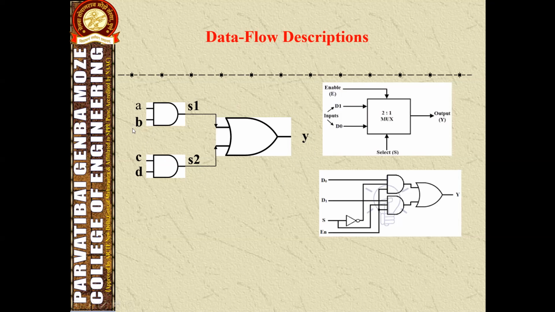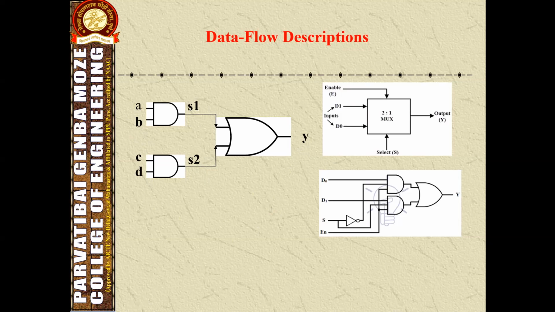See here, while writing the entity declaration, we assign only the inputs and outputs. Here the input terminals are A, B, C, D and the output is Y. These are assigned as ports in the entity part. But what about these two signals? These two signals we should declare in the architecture using the predefined word signal.